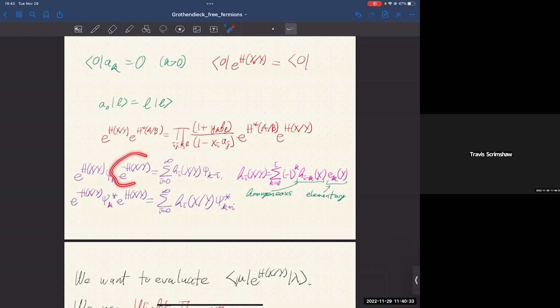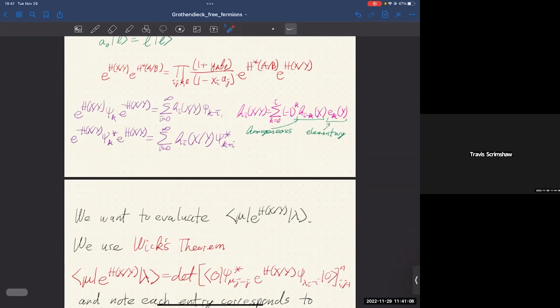So if I multiply both sides by e to the h x over y on the right, that gets me my commutation relation, but I get this infinite sum using the supersymmetric homogeneous symmetric functions. So that's written out here, and it's an alternating sum interpolating between the homogeneous symmetric functions and the elementary symmetric functions.